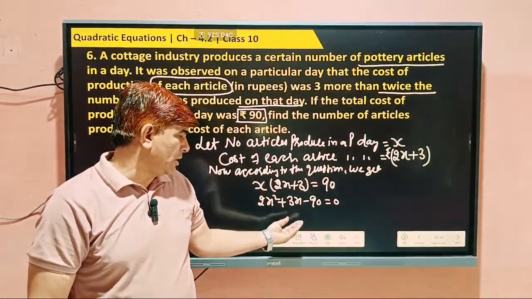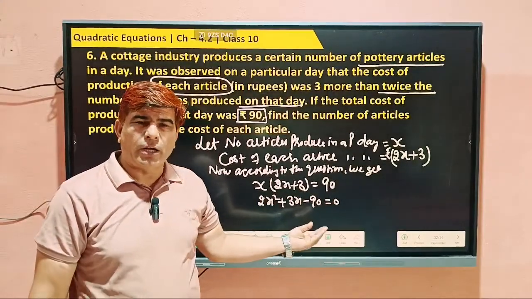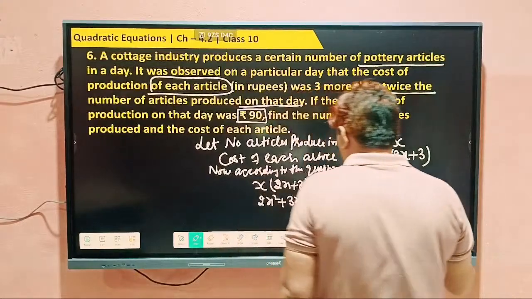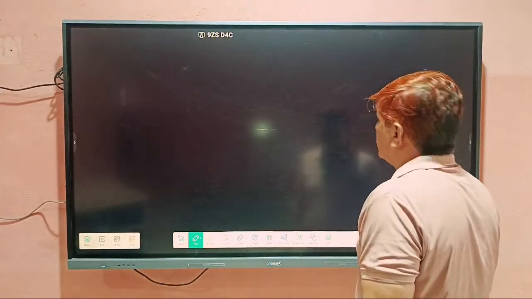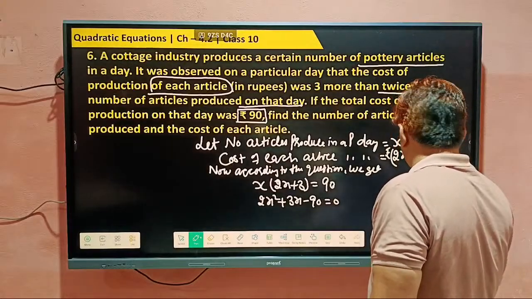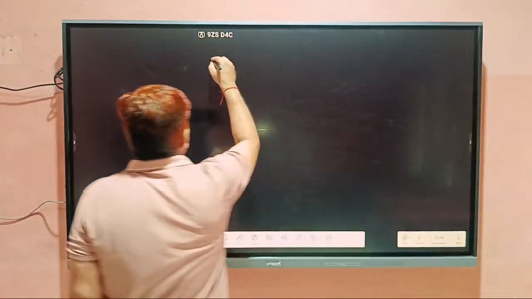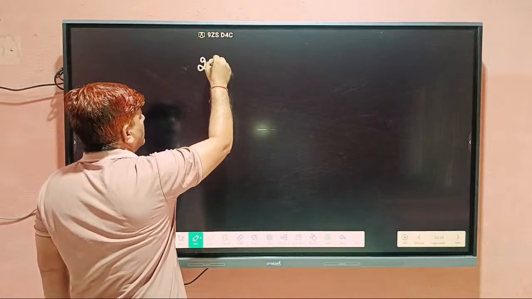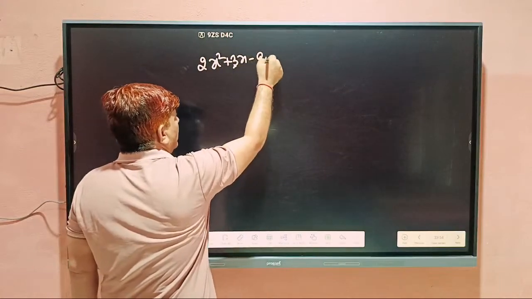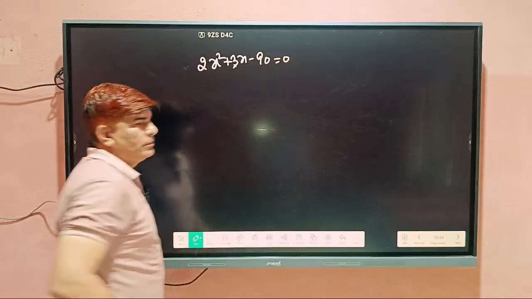And for a quadratic equation, you know how we can find the value of x? By splitting the middle term. So what's given? 2x square plus 3x minus 90 equal to 0.